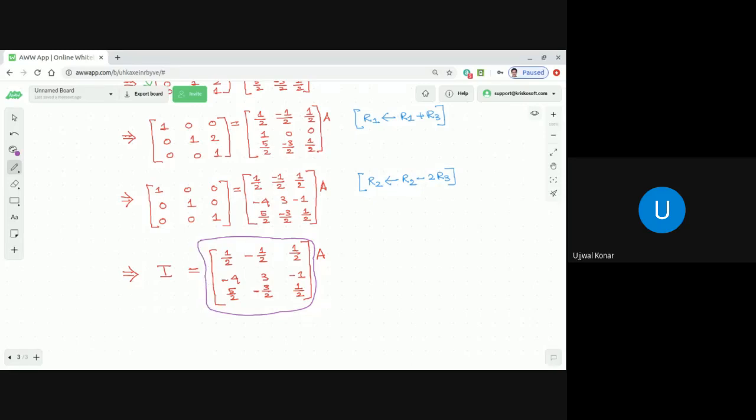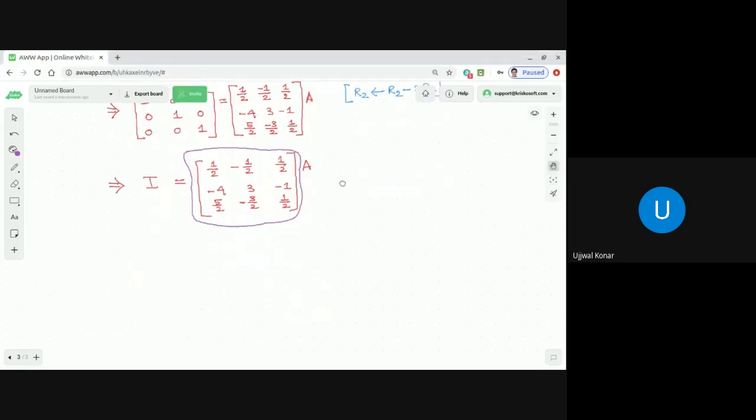This is the inverse of A. So we can call this matrix the inverse of A. We can say A inverse is equal to this matrix: 1 by 2, minus 1 by 2, 1 by 2, minus 4, 3, minus 1, 5 by 2, minus 3 by 2, 1 by 2, and done.